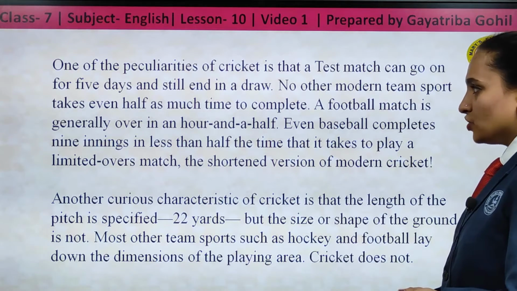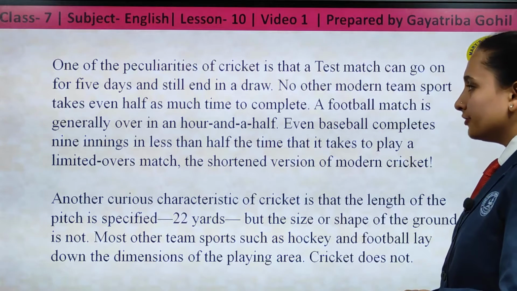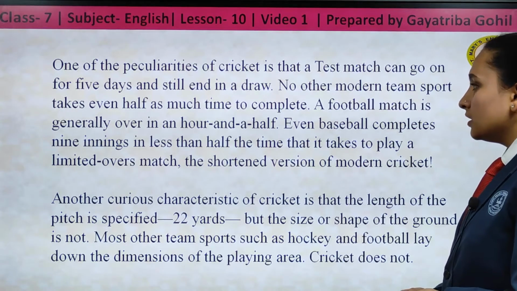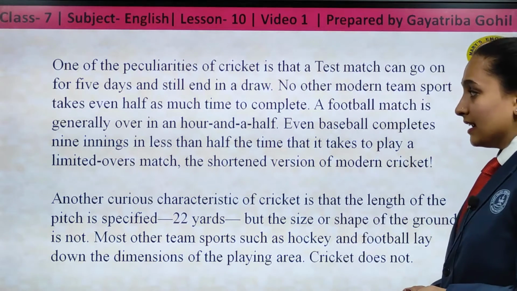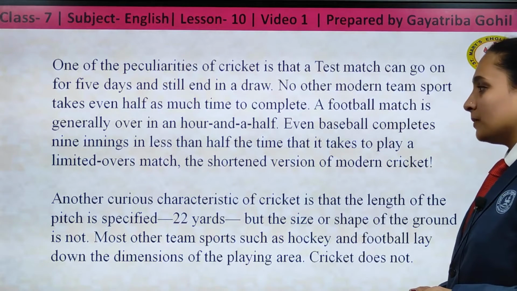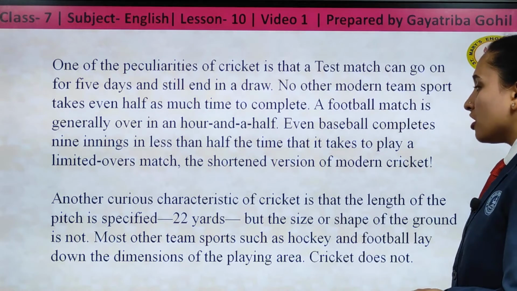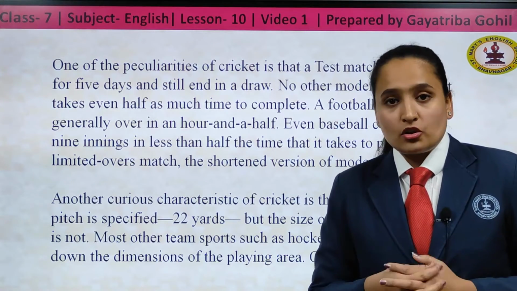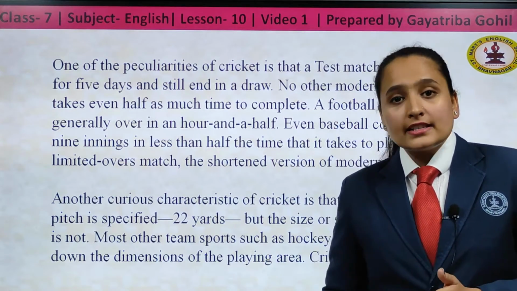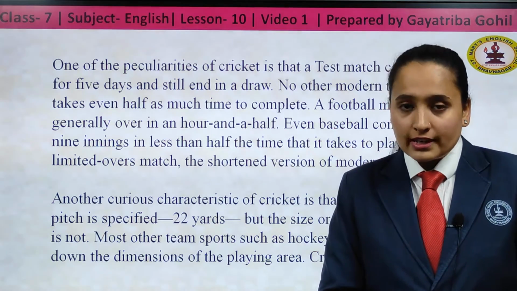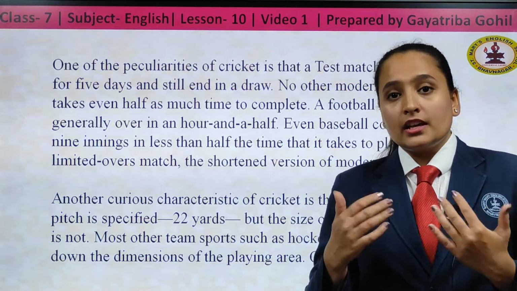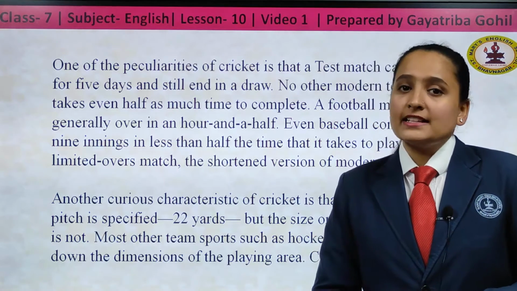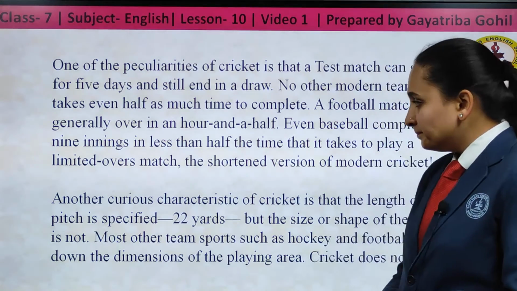A football match is generally over in an hour and a half. Even baseball completes 9 innings in less than half the time that it takes to play a limited overs match, the shortened version of modern cricket. No other modern games or sports take as long as it takes to complete a match of cricket. And even though it takes so long, it can still end in a draw.